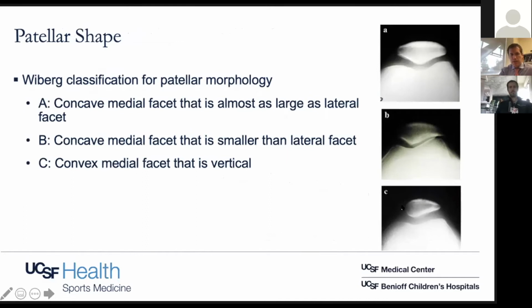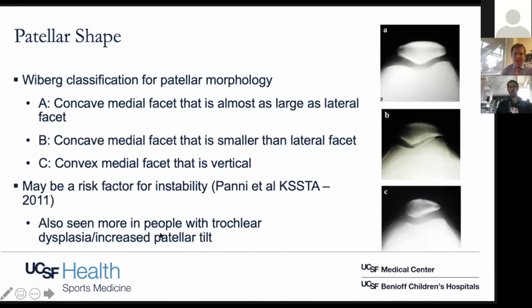And then C, you have just this vertical medial facet, and it's almost all lateral facet. The Wiberg classification may be a risk factor for instability. A lot less is shown related to patella morphology than trochlear morphology, but it's something to look at and keep in mind as you're evaluating these patients.